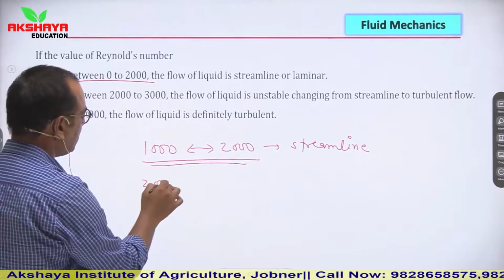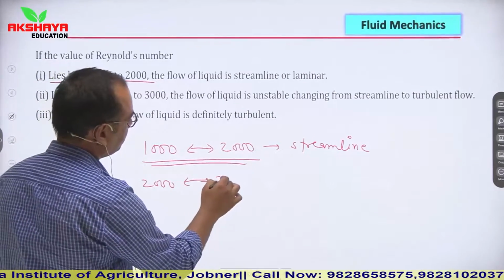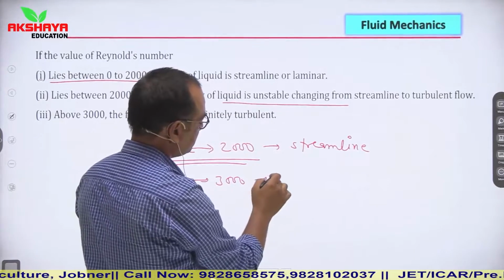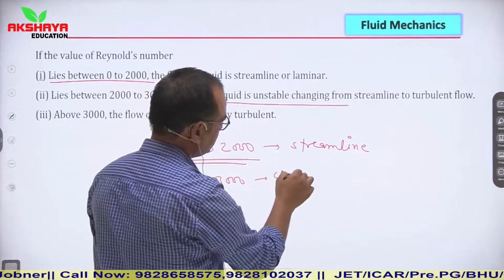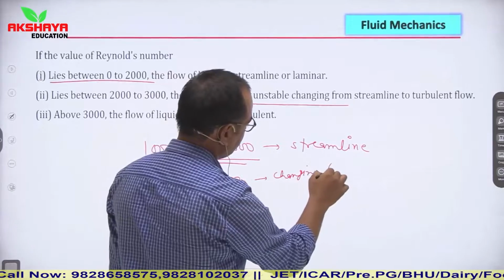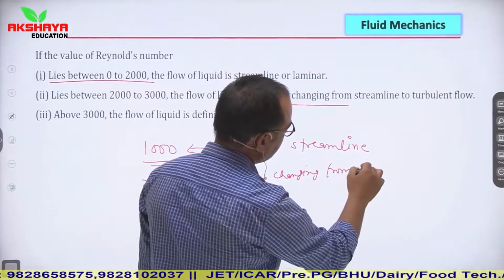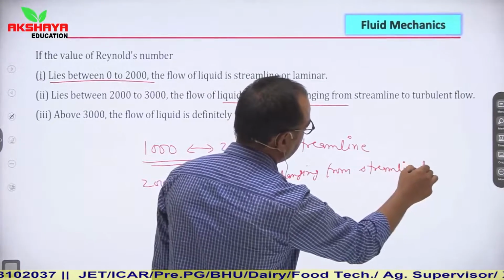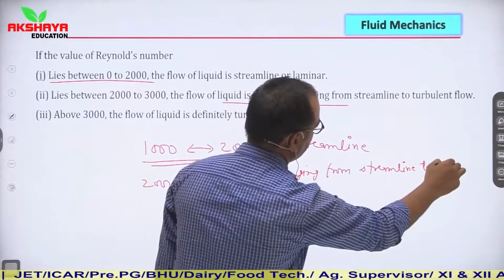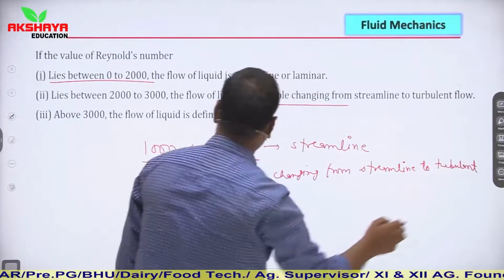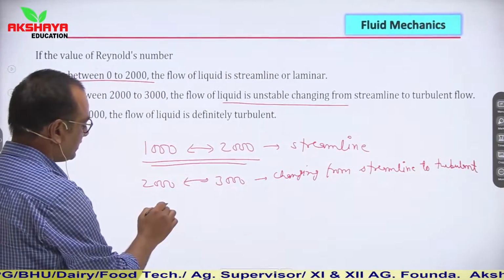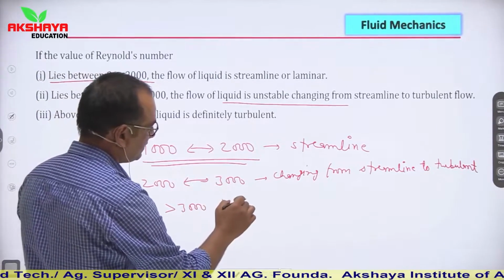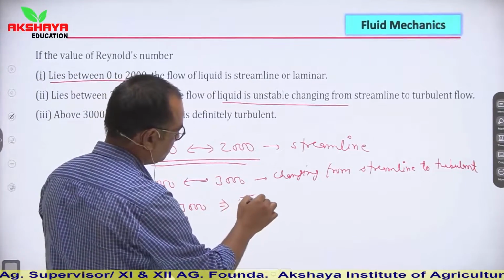If it is between 2000 to 3000, then the liquid is unstable, meaning it is changing from streamline to turbulent. And if Reynolds number is greater than 3000, then it is turbulent flow.